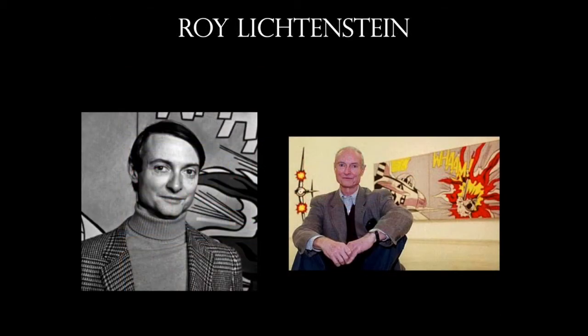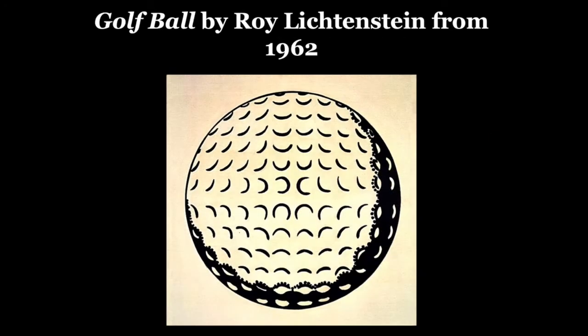Roy Lichtenstein is famous for creating these comic book scenes, but monumentalizing them on a canvas. Golf Ball, for instance. In 1962, as we saw in an earlier slide, this is when John Glenn circles the Earth.